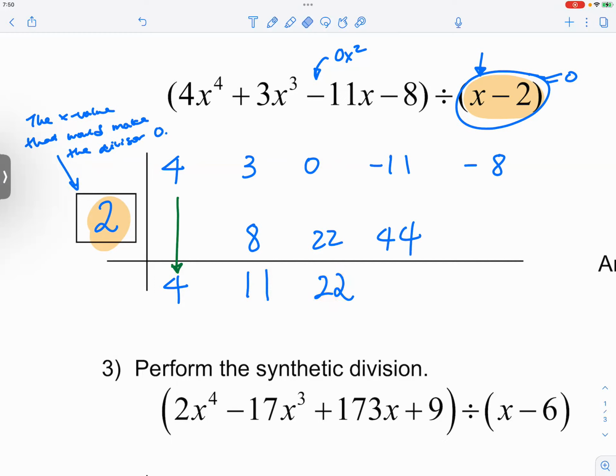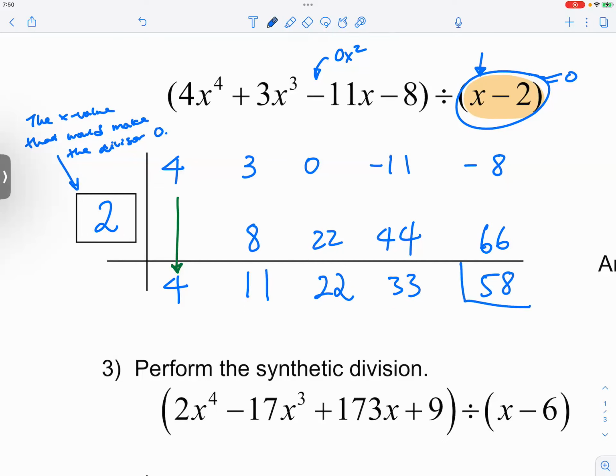And then you add the numbers vertically, so you get 33. And then you multiply those two numbers together, and you get 66. Then the very last number right here is 58.